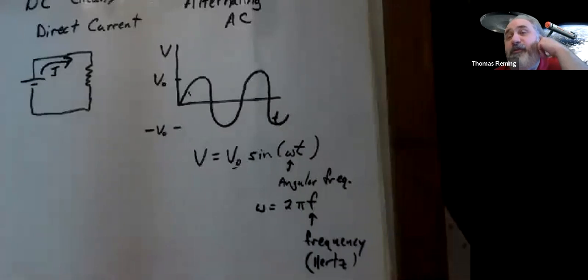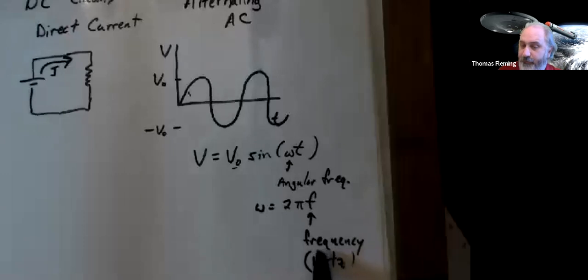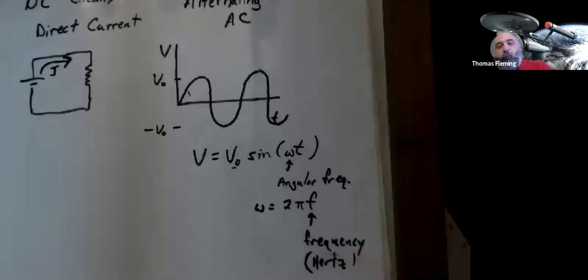Now, it turns out that the vast majority of the household circuits that get used in the United States and everywhere else for that matter are alternating current. So if you plug something into the wall, you're using AC electricity. And in fact, the frequency of the power in your wall sockets right now is 60 hertz.